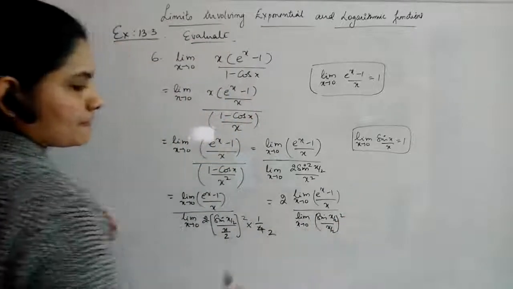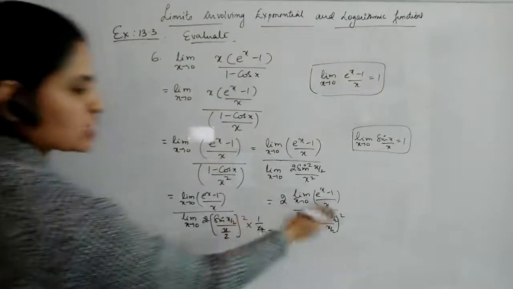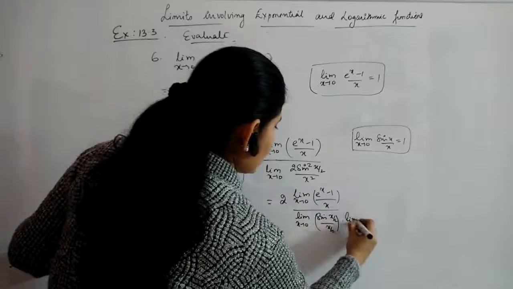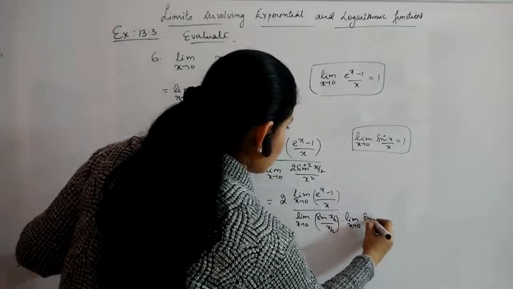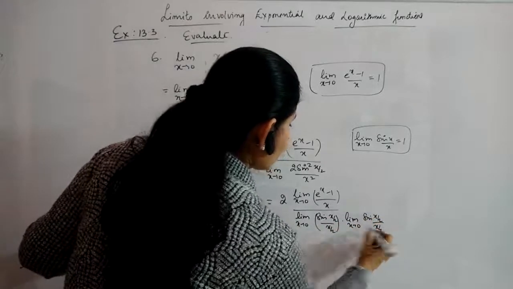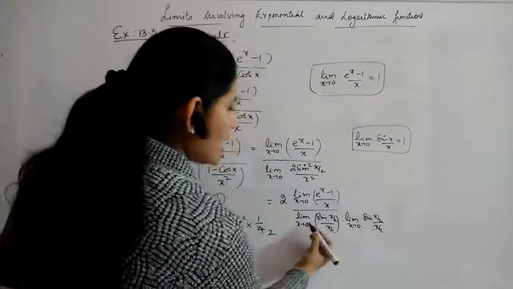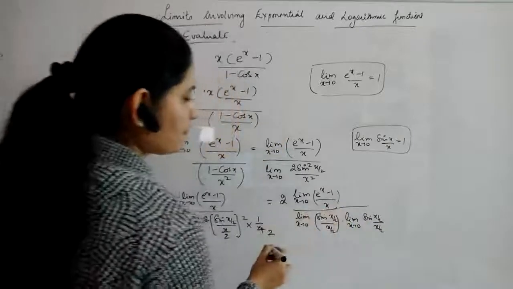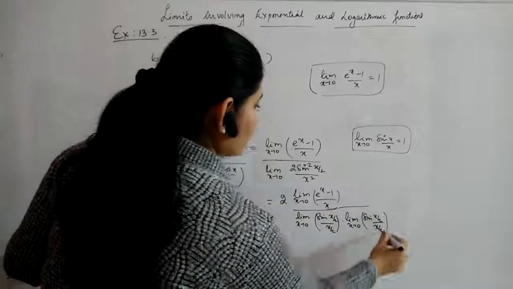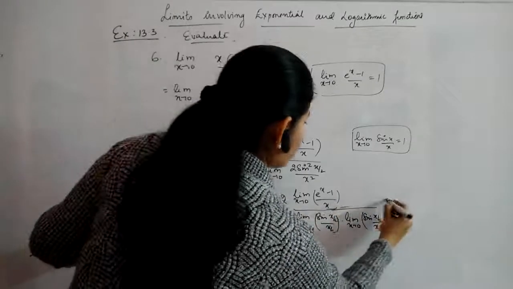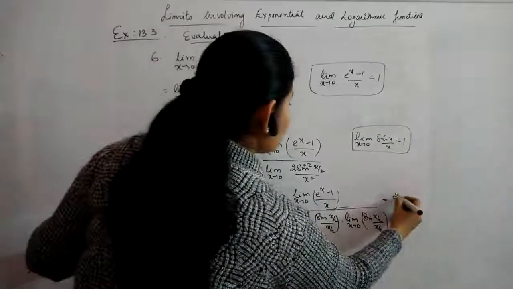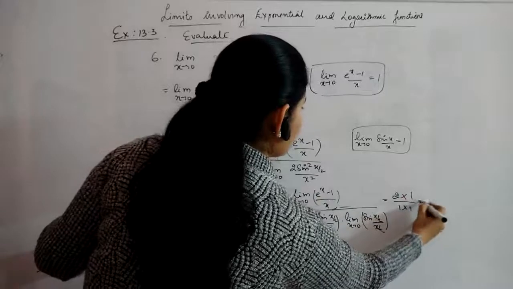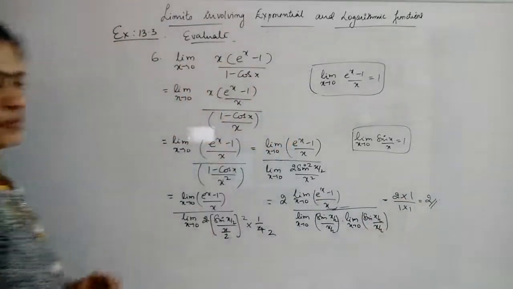So what is this? Sine square x by 2. You can just split it into 2 also. You can just write it as limit x tends to 0 sine x by 2 by x by 2, because it will be a product of these two, and limit of product is equal to product of the limit. You can just split these two, okay? So this will give you 2 into 1 divided by 1 into 1, which is 2.